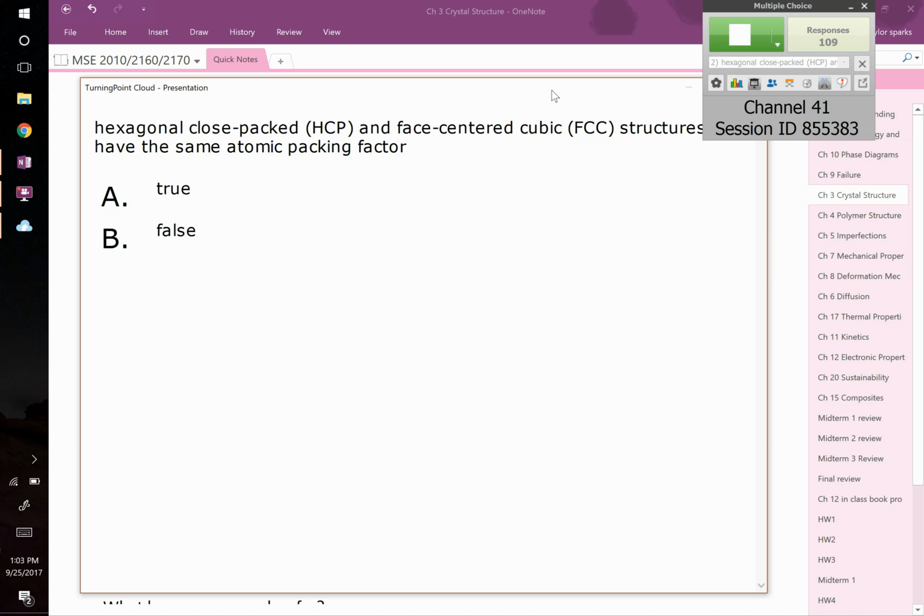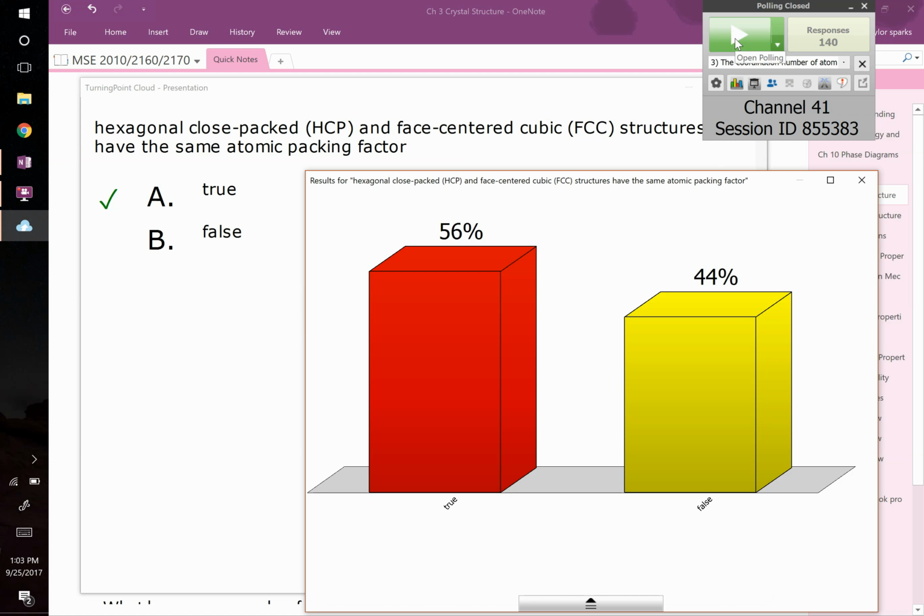Okay, answers in, true or false. Okay, wrapping it up. Okay, pretty split. We'll go over this one today. Because it was so split, I'll probably make it a point on either one on that one.